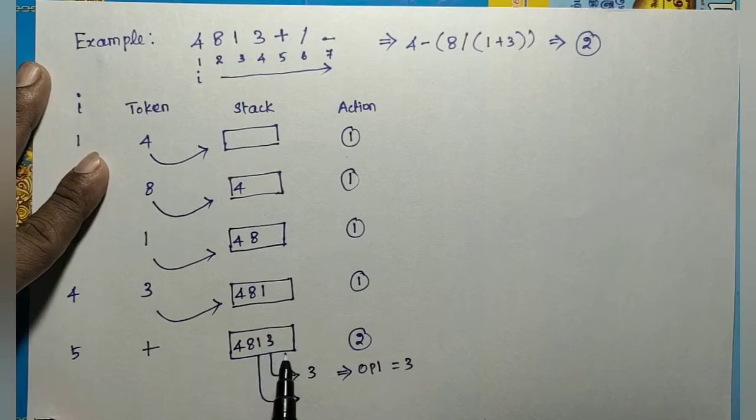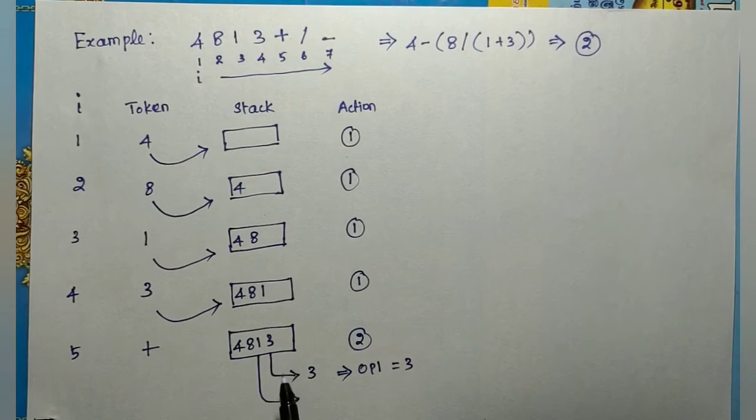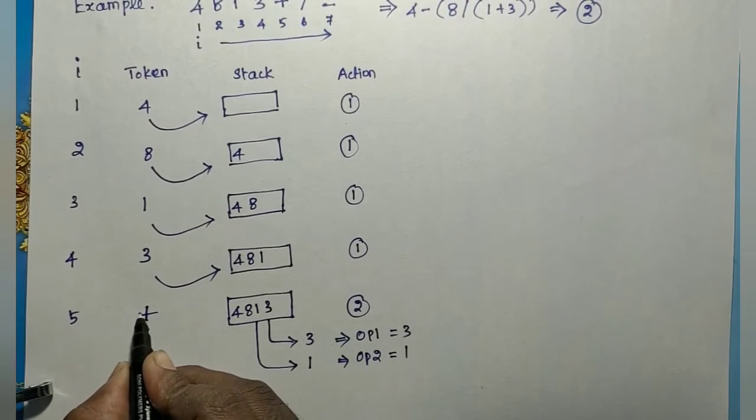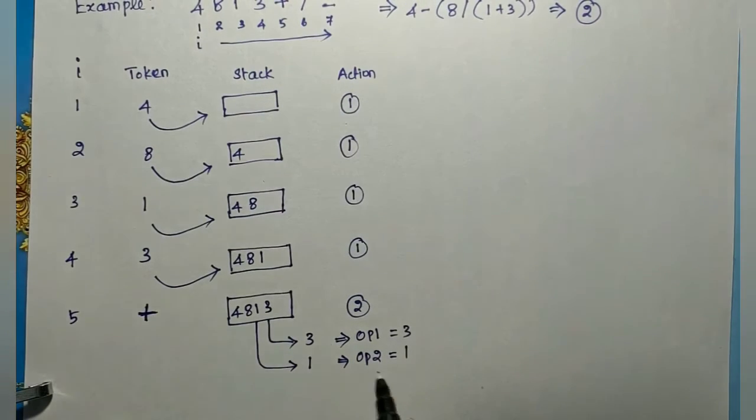Since it is a stack, it will return the values in the reverse order of insertion. So here it is 1. This will be identified as OP2 equal to 1. So we need to perform that operation. What is the operator here? It is the plus. So the plus should be performed between OP2 and OP1.